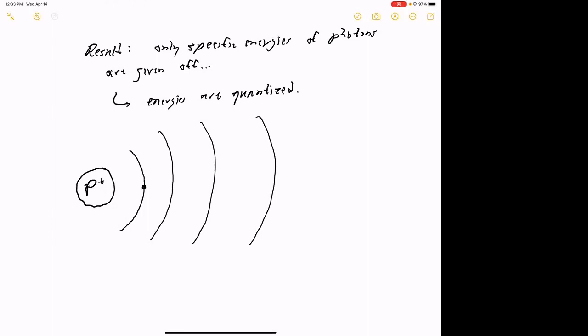So in comes a photon, which I'll call h nu. It hits that electron and pops it up to a different orbit. It's just a transfer of energy.